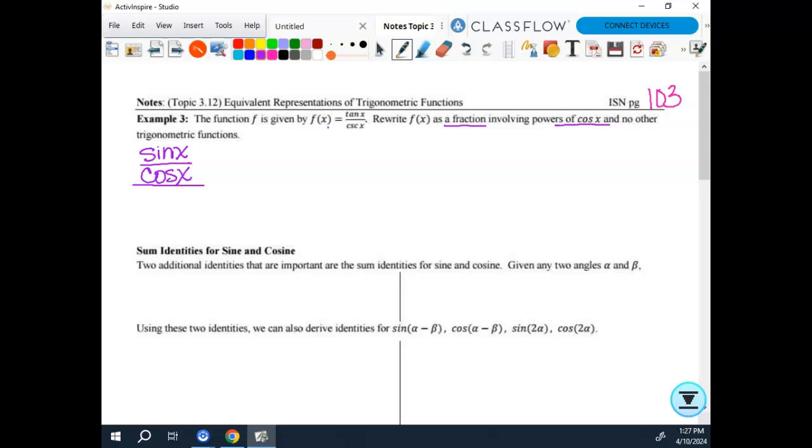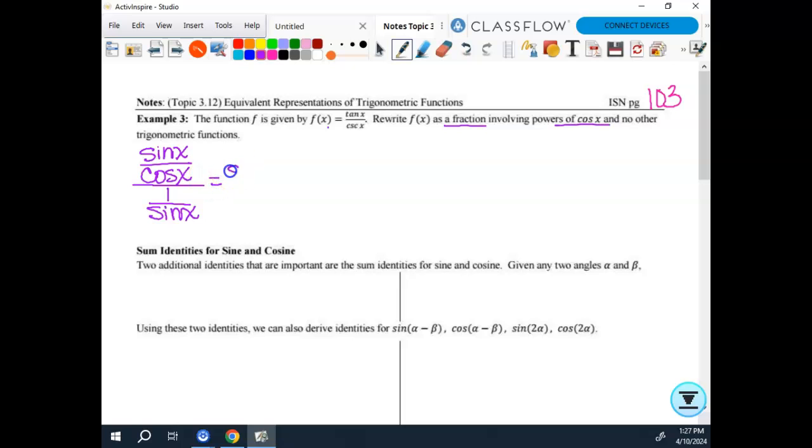And then cosecant's in the denominator. How else can I write cosecant? 1 over what? Sine. Now, I have a fraction and a fraction. No big deal, right? I can just use my keep, change, flip, and not make up math.